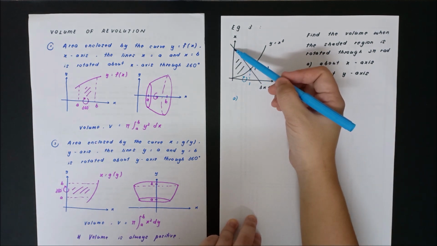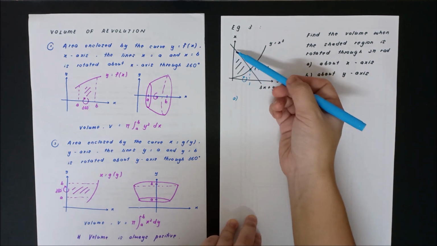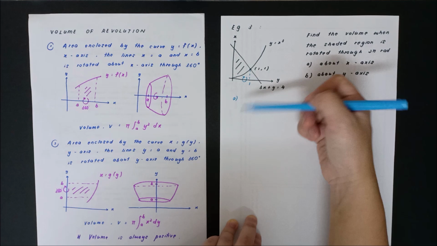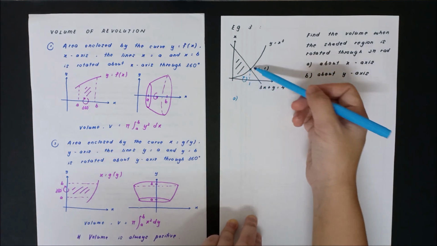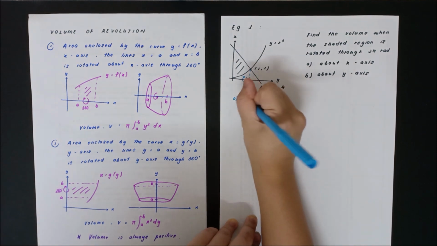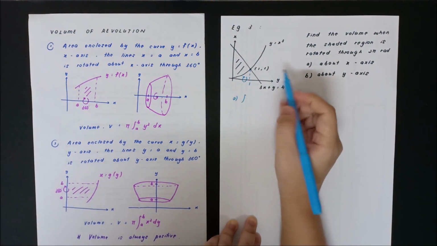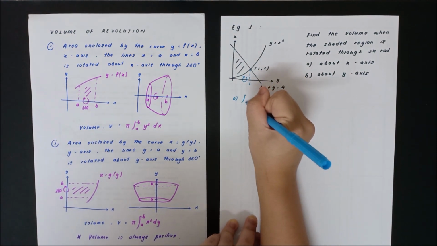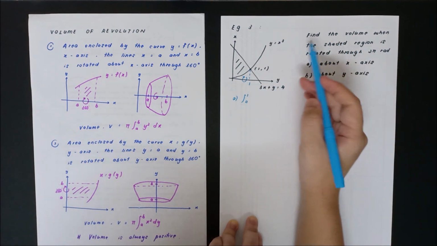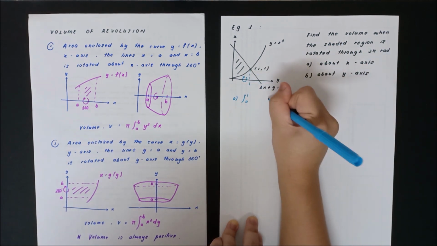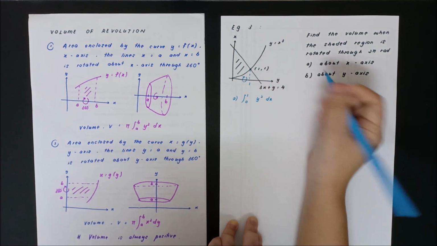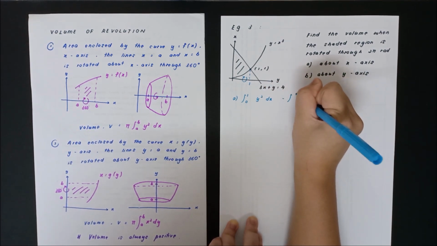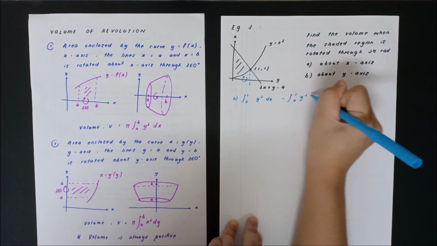In this case, you are using the volume produced when you revolve this line, and after that the curve itself. So your first one will be from 0 to 1, dx, y square. Then minus off the same thing for the other one. Maybe we write down first.